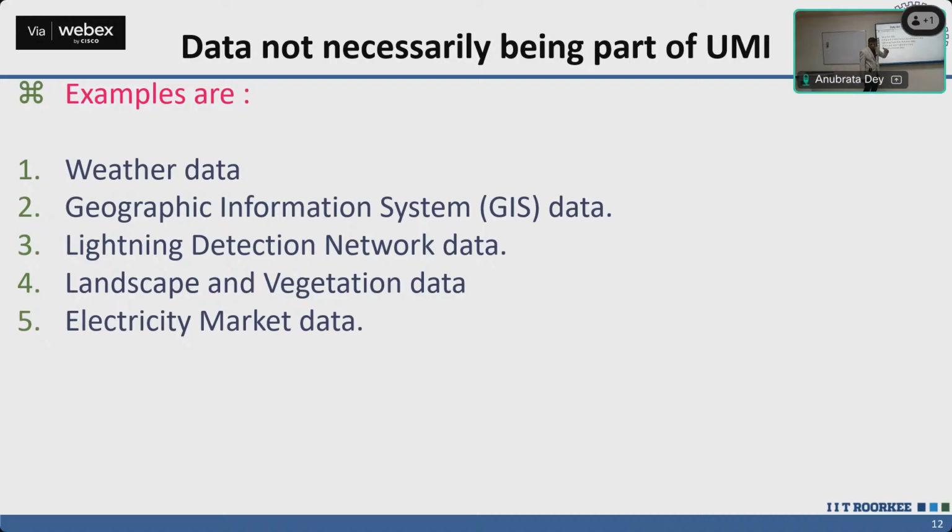I don't know whether utilities in our countries consider this data; maybe I may be corrected. Landscape and vegetation data, these are also there, and electricity market data. So these five categories of data do not fall under the utility measurement infrastructure, but still they are there and they generate a huge amount of data, right?